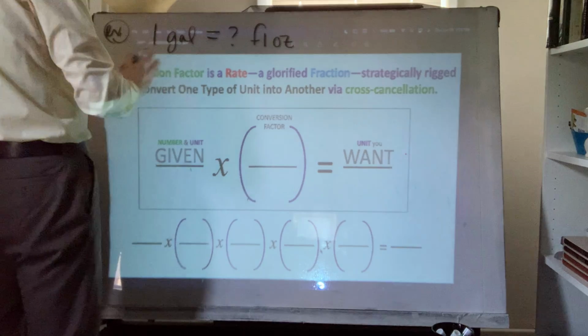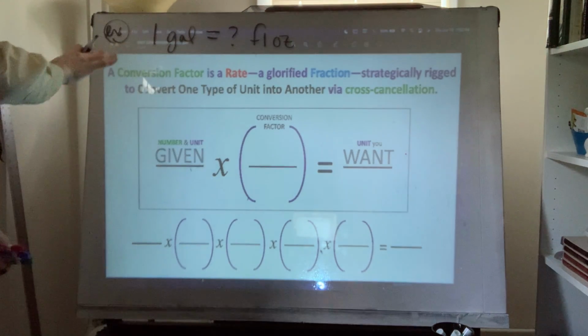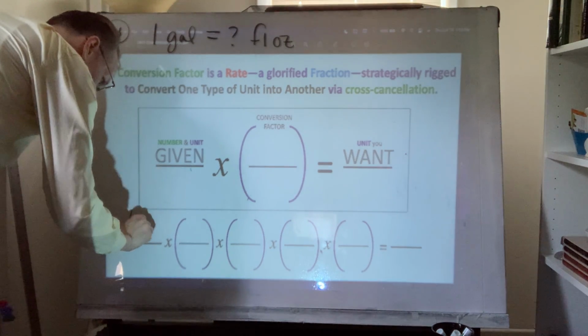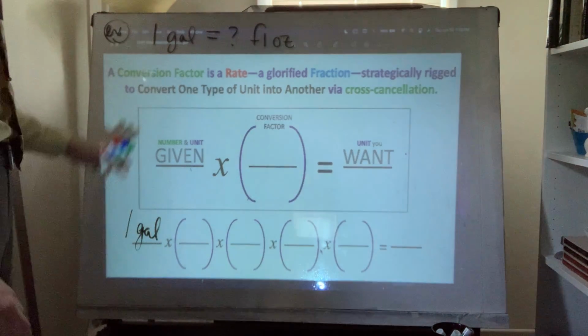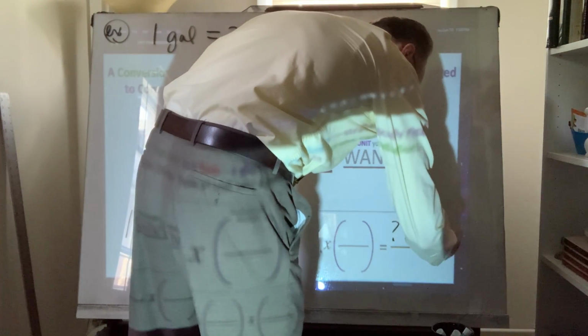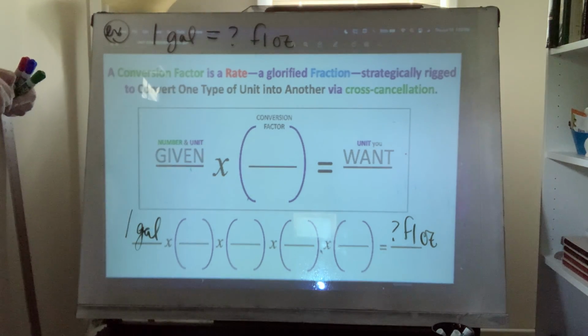This is strictly the U.S. customary imperial system here. The thing that's given to you would be here, 1 gallon. And the thing that you want, so many fluid ounces, is abbreviated FLOZ, on the very far right.